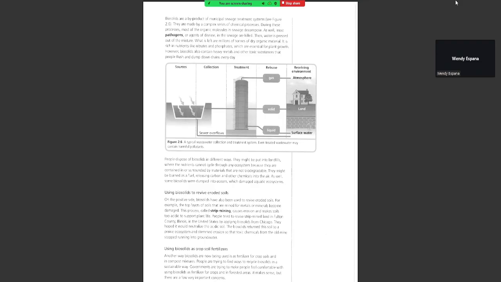So that's an example of how we can take something like biosolids, which can be seen as waste, and use it for good. That's something we want to always keep our mind on. Is what can we do to revive ecosystems? We want to have as many healthy ecosystems on our planet as possible. Another way we can use biosolids is fertilizer.